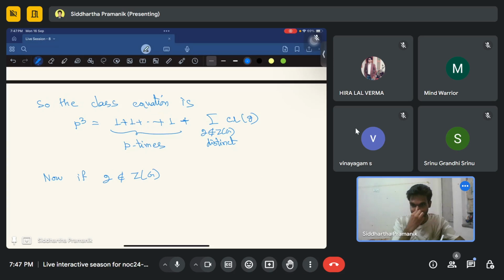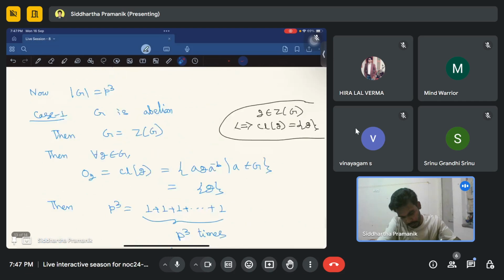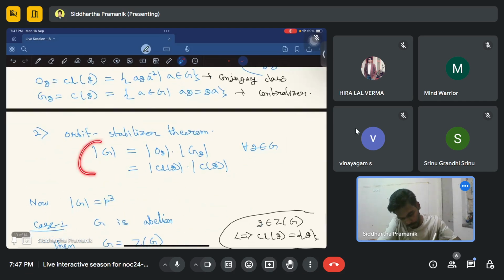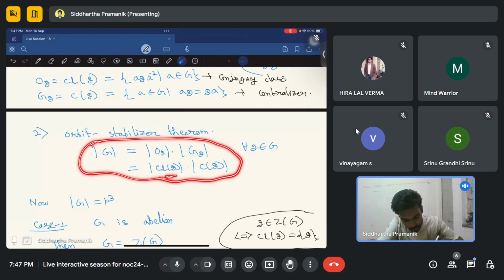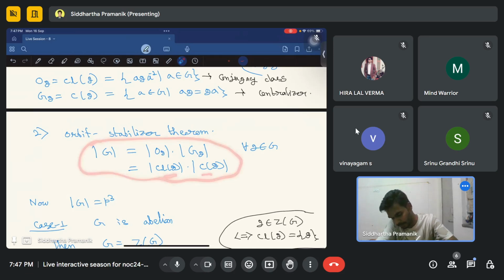Can you guess? We will be using the orbit stabilizer theorem: the order of G is the same as the order of the conjugacy class times the order of the centralizer.